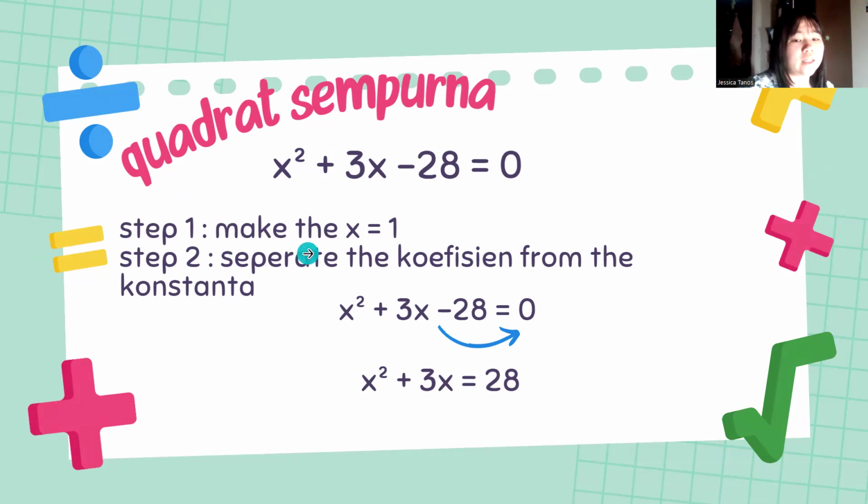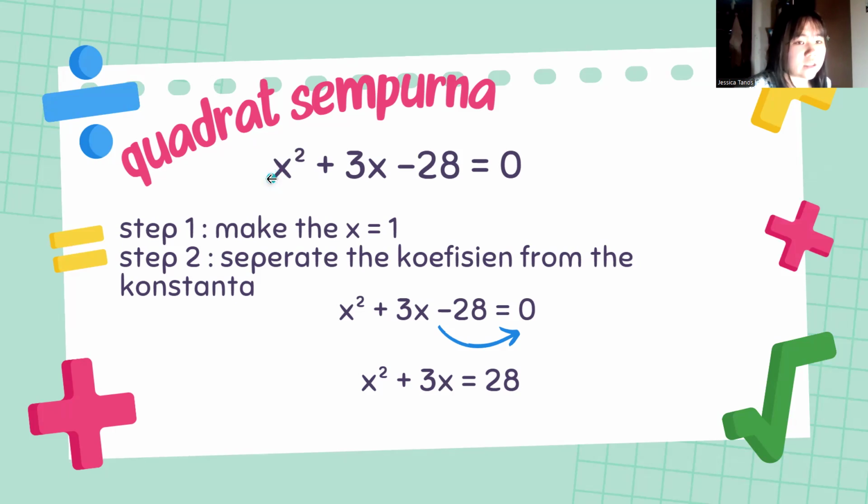Step one is we always have to make the a equal to 1. You can see here I said an x, right? What I meant is that this x equals 1x, which means the front has no digit at all, because a here is equal to 1.